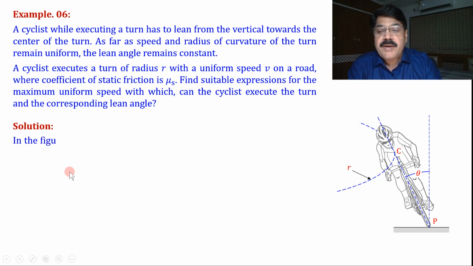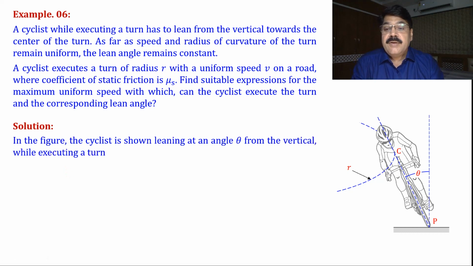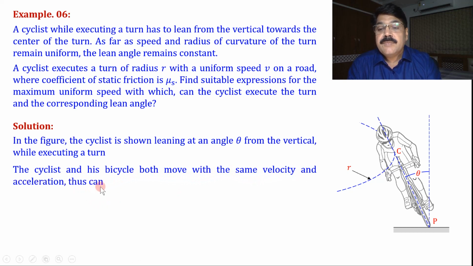In the figure the cyclist is shown leaning at angle theta from the vertical while executing a turn. The cyclist and his bicycle both move with the same velocity and acceleration, thus can be treated like a composite rigid body.